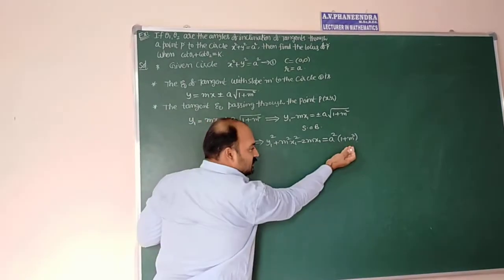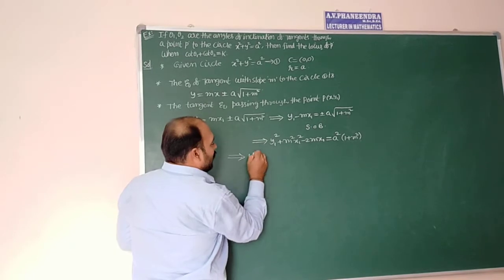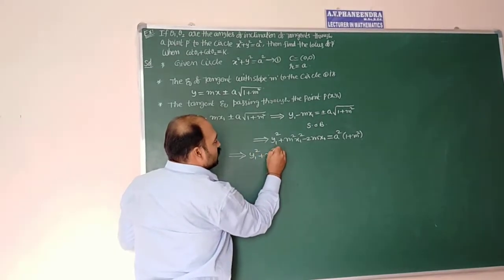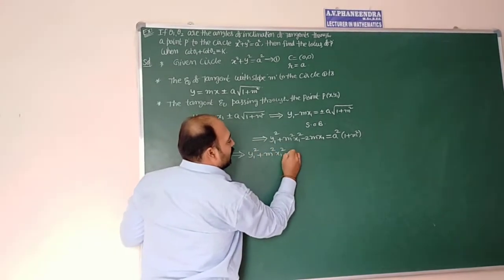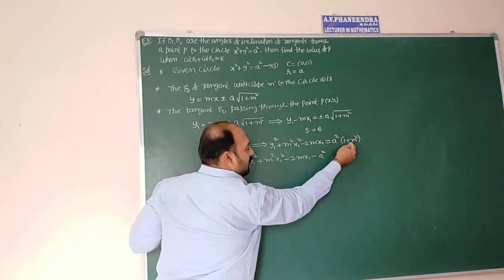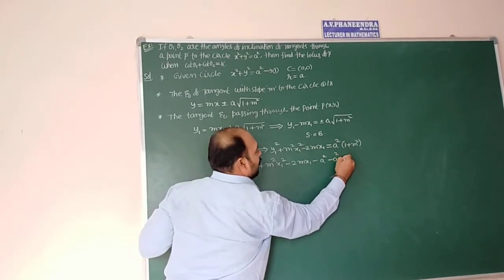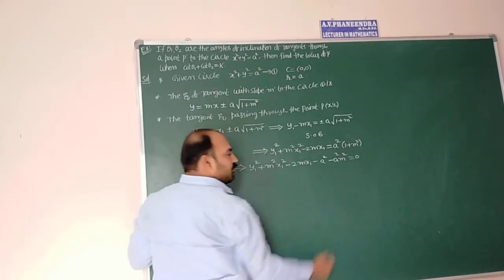So all these values also we can take this side. That implies y1 square plus m square x1 square minus 2mx1 y1 minus a square minus a square m square is equal to 0.